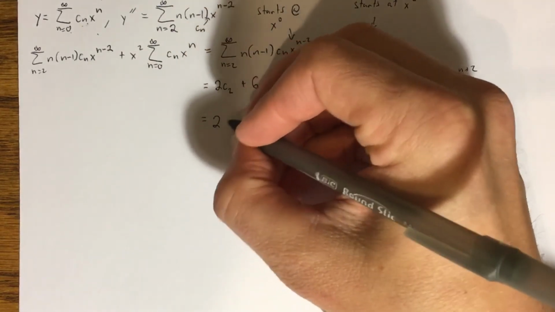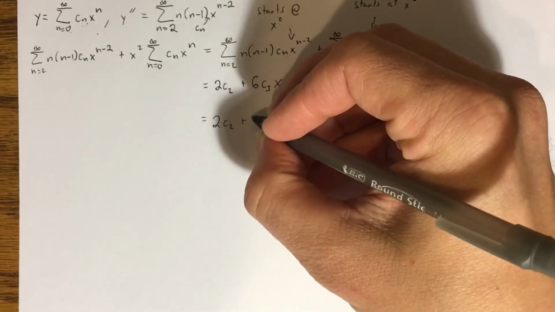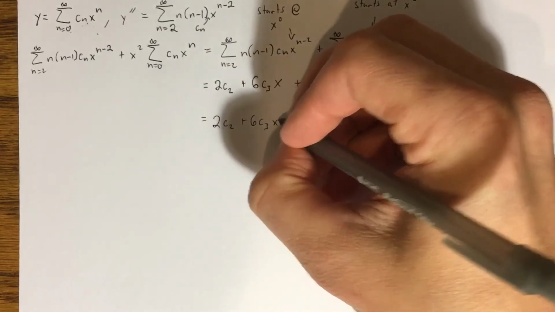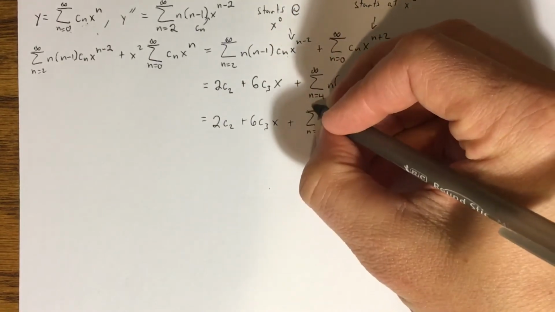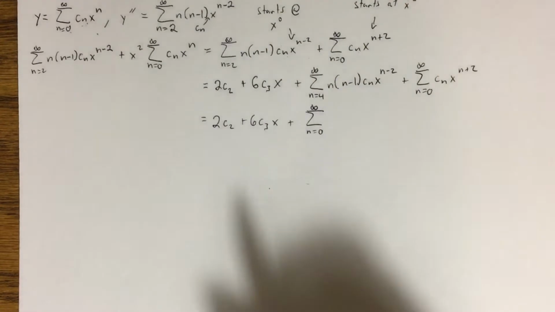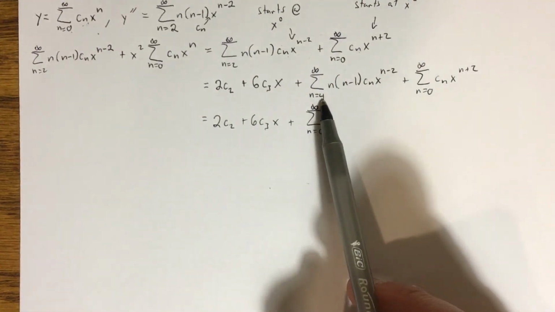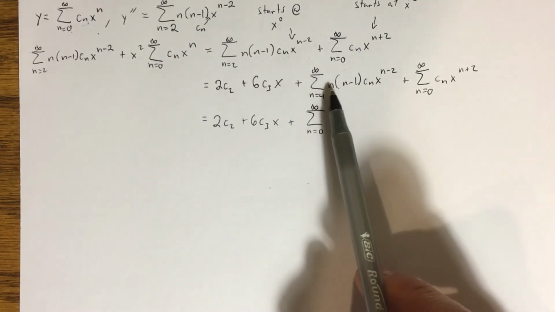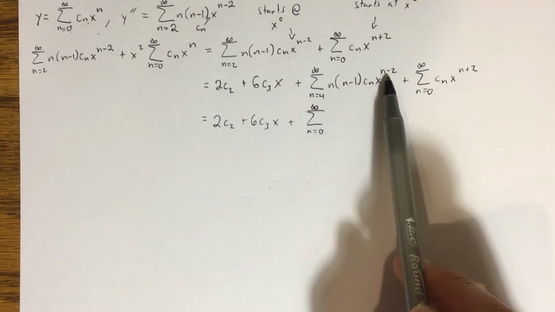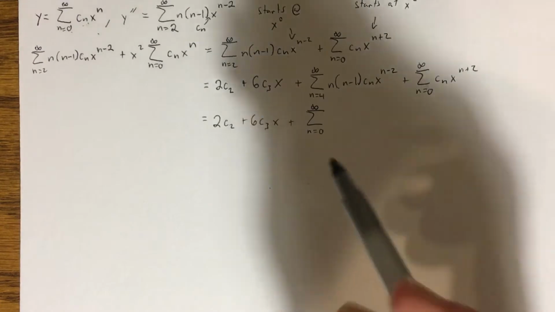So these two terms look the same as they were before, 2c2 plus 6c3x plus, and then I would like this series to start at n equals 0, going from 0 to infinity. And remember how this works. When we re-index a series, I subtracted 4 from my first value for my index. So anywhere I see an n, which happens in 4 places here, I'm going to replace it with an n plus 4 to compensate.